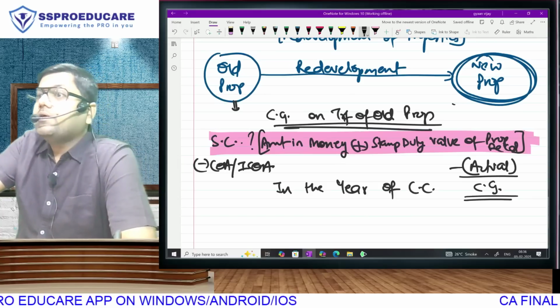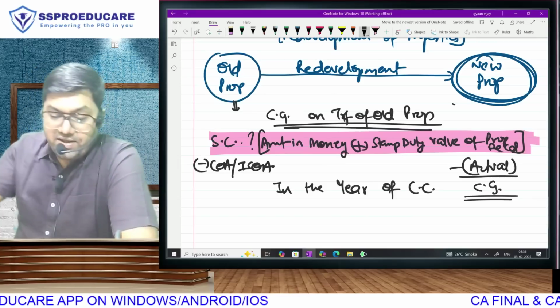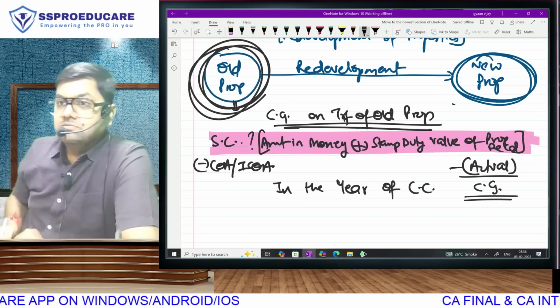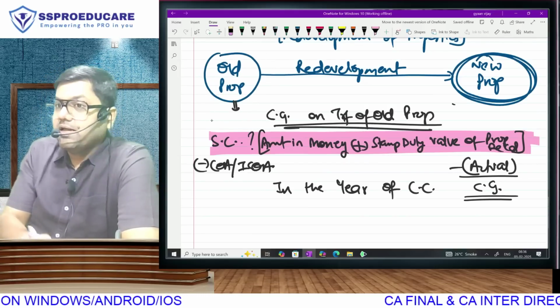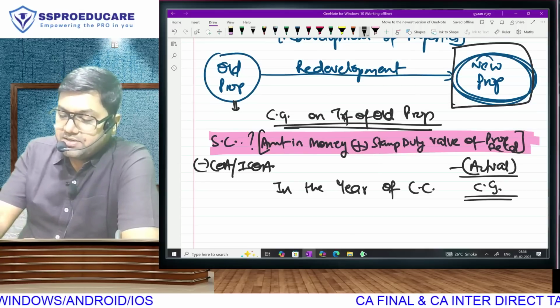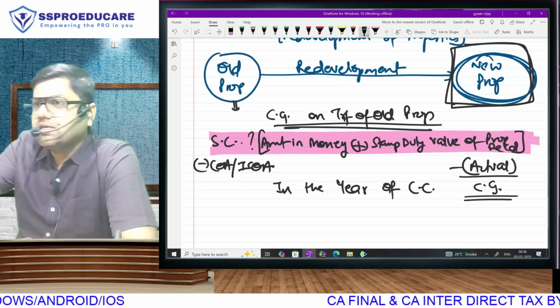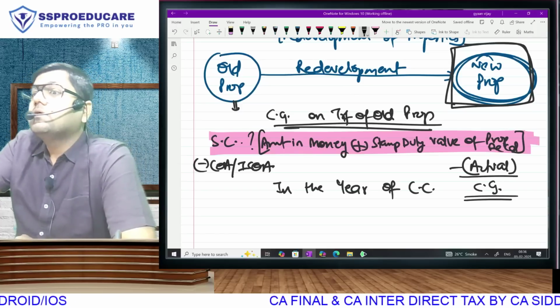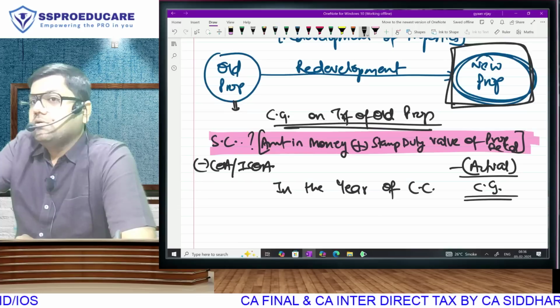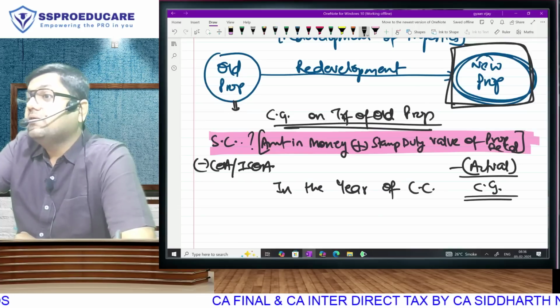Please understand, taxable transfer is not when you give this property. Taxable transfer will arise when this property receives CC. We have discussed the meaning of CC in house property: when the property receives the completion certificate. But you can't stay. For staying, you need OC.